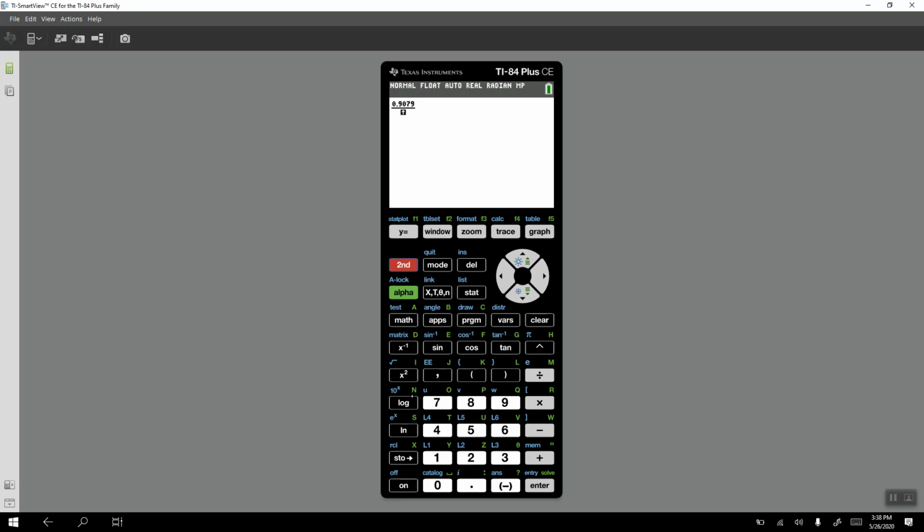I'm going to go to the denominator. I need that square root, so I'm going to hit second square root. Inside of the square root, I need another fraction, so I'm going to go to the y equals, hit that fraction, and then do 1 minus 0.9079, square that amount, scroll down, and then do that 10 minus 2.